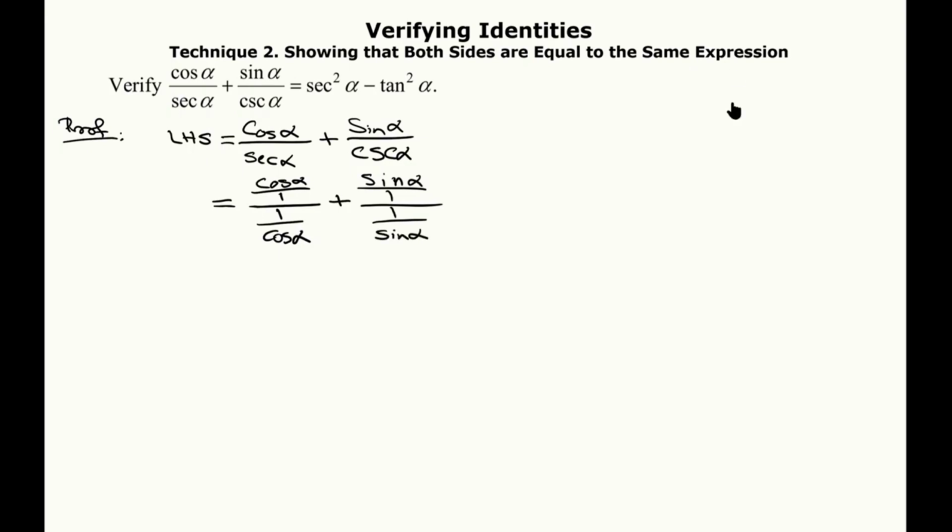I wrote these extra ones because I wanted you to realize we're in the a over b over c over d form, so we can do our outer product over inner product trick to get cosine squared alpha plus sine squared alpha. And of course we know that this is 1.